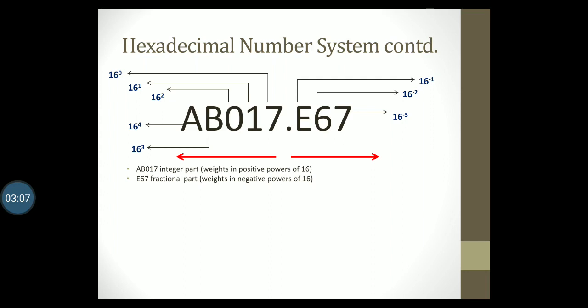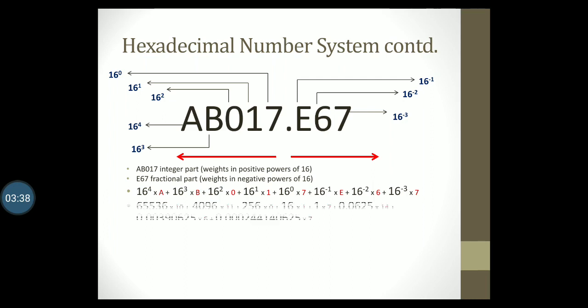Therefore, the number can be written as 16 raised to 4 into A plus 16 raised to 3 into B plus 16 raised to 2 into 0 plus 16 raised to 1 into 1 plus 16 raised to 0 into 7 plus 16 raised to minus 1 into E plus 16 raised to minus 2 into 6 plus 16 raised to minus 3 into 7.